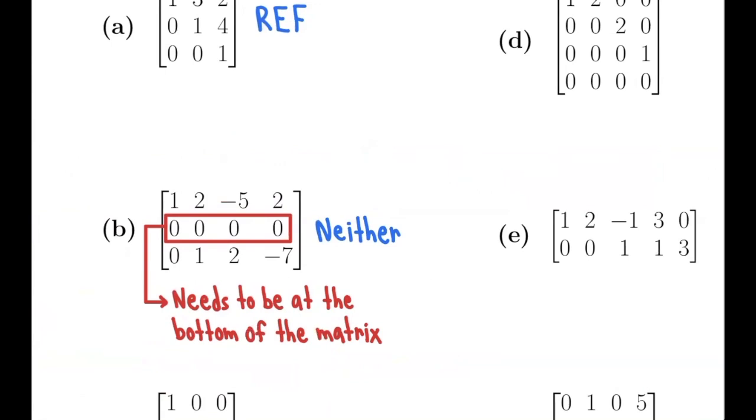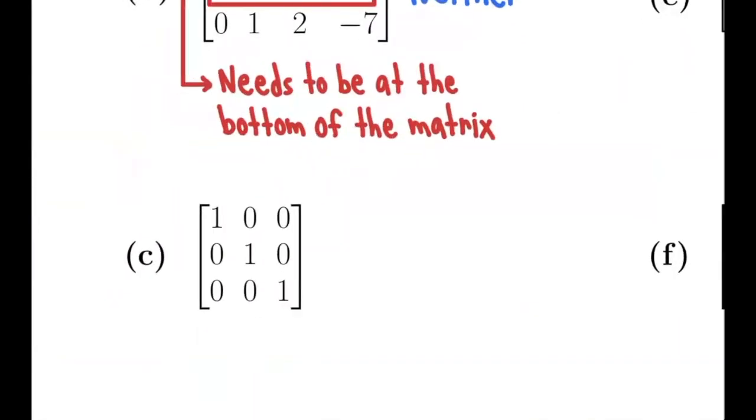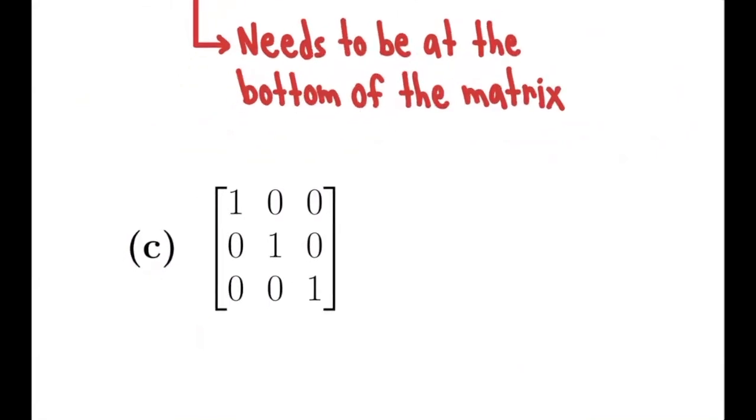Let's see, part C. Is this row echelon form? Looks to me like it is. No zero rows, so we don't have to worry about the first condition. The leading ones, pretty solid. Looks pretty REF to me. The leading ones in the rows are all to the right of the one above it.